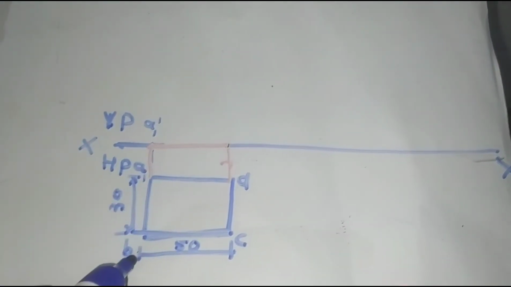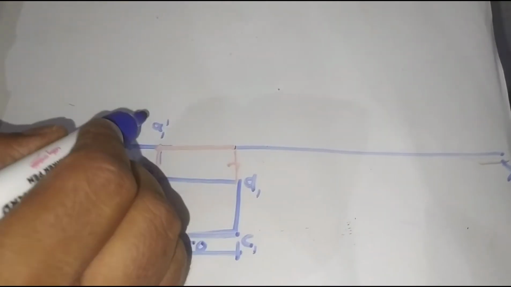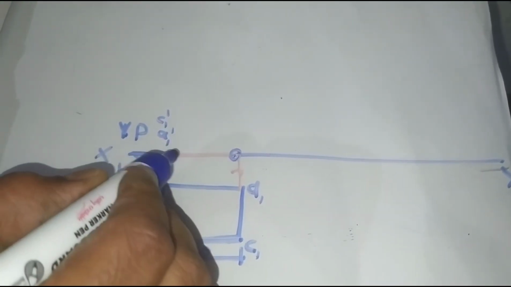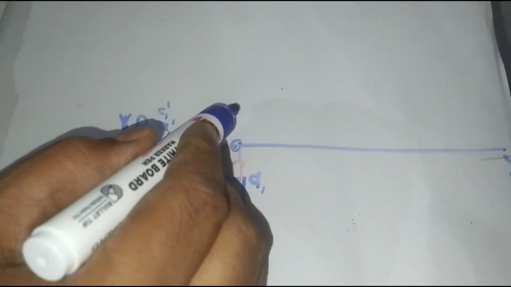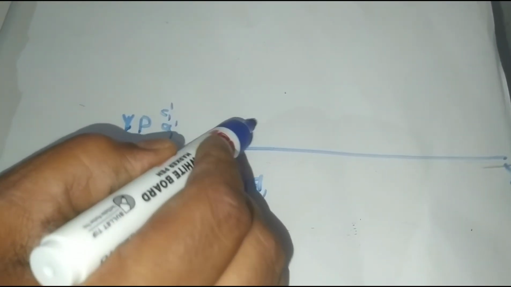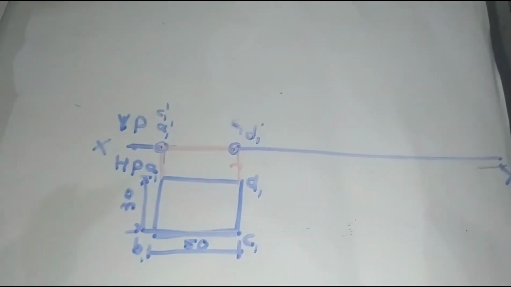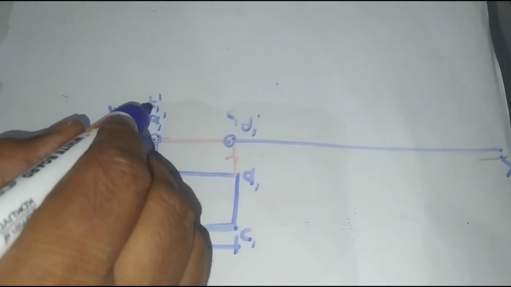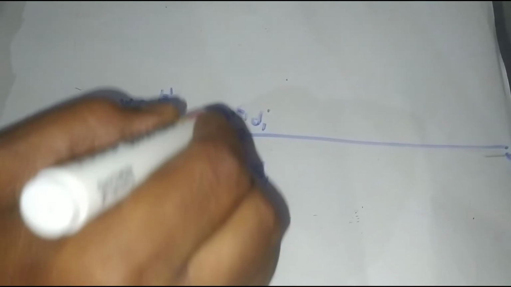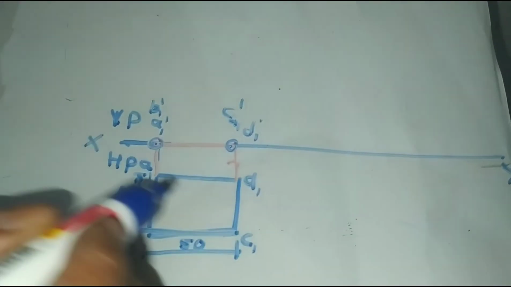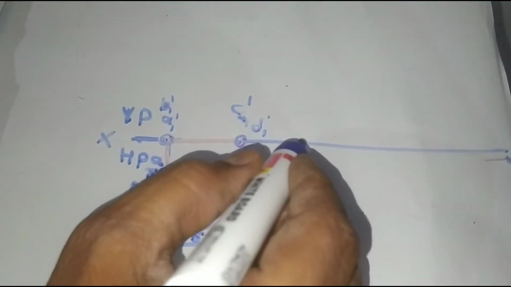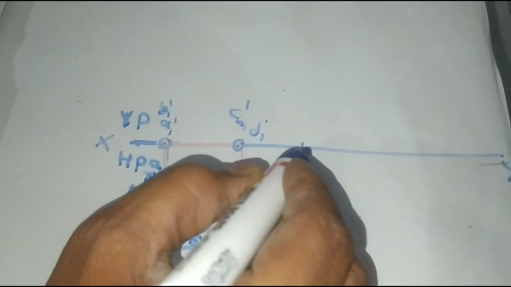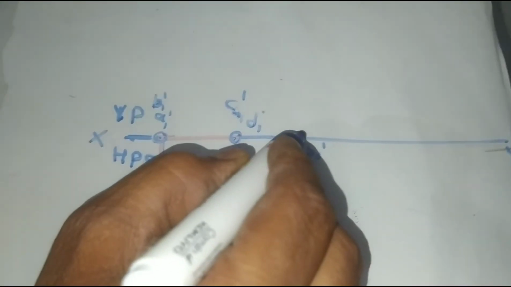I will write A1 dash, B1 dash, C1 dash and D1 dash. This is the line. Now this line rests on HP at A1 and B1, and from here we draw A2 dash and B2 dash.